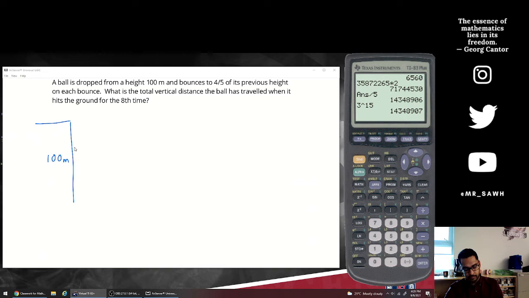Here's the ball. There it is. And we are going to drop it. Hits the ground, comes back up, and then goes down again, right? There's your first bounce. Hits the ground for the 8th time, so we need some bounces here, really, to get a picture for this.